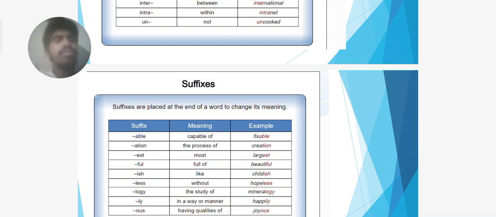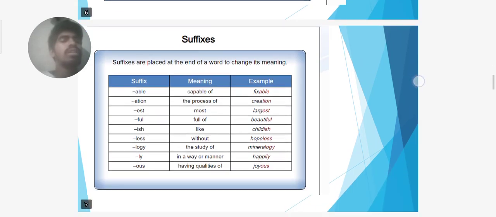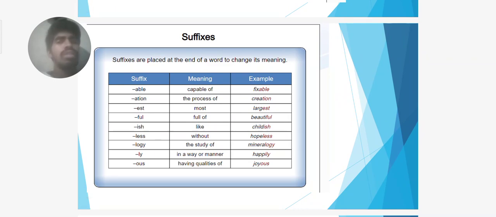Next, suffixes. Suffixes are placed at the end of a word to change the meaning. Just like the prefix, the suffix is also placed at the end of the word and can totally change the meaning. Here are some examples. Able means capable of, fixable. Ation means the process of creation.